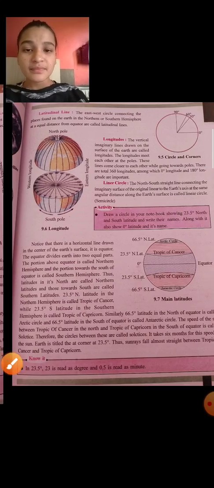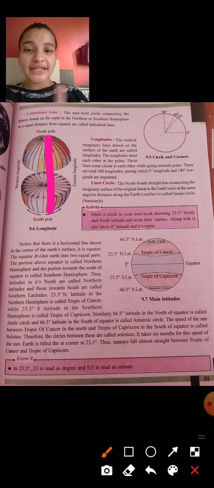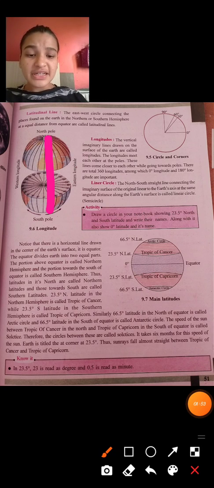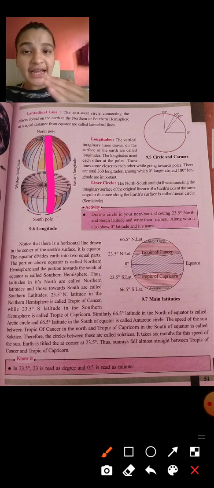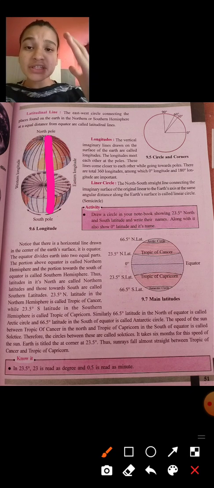So latitude means a horizontal imaginary line drawn, and in longitude a vertical imaginary line is drawn. So the vertical imaginary lines drawn on the surface of the earth are called longitude, and the horizontal lines drawn on the surface of the earth are known as latitude.